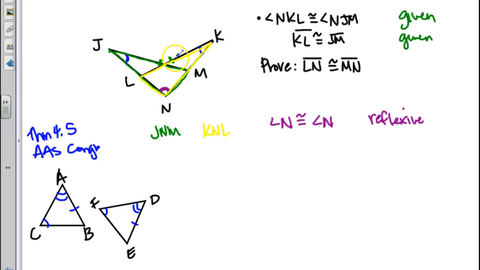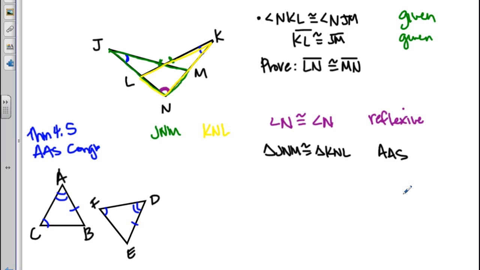Hey, we're through. So let's get this right. Make sure we get it in the right order. J and K go together. All right, I have that. N and N go together. That means M and L go together. So we have it in the right order. So triangle JNM is congruent to triangle KNL, and that's by angle, angle, side.